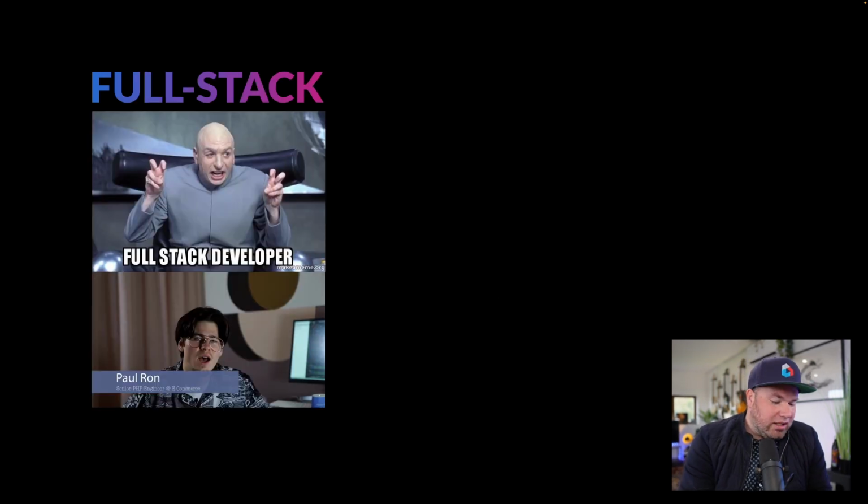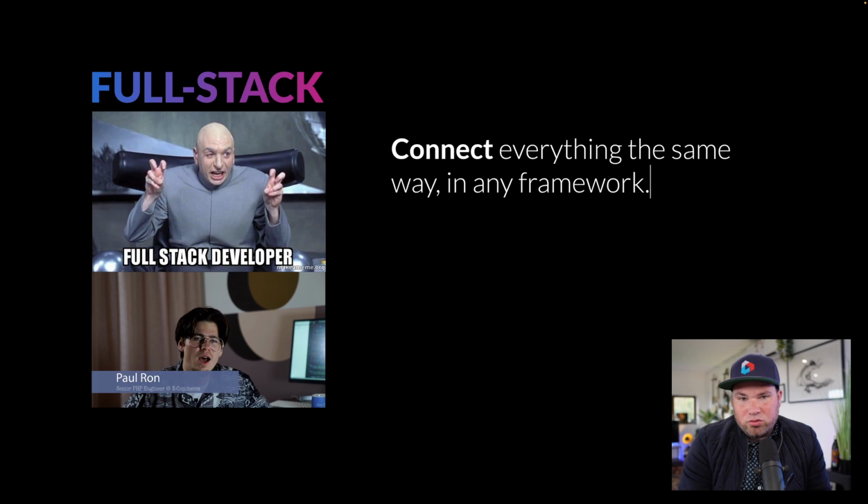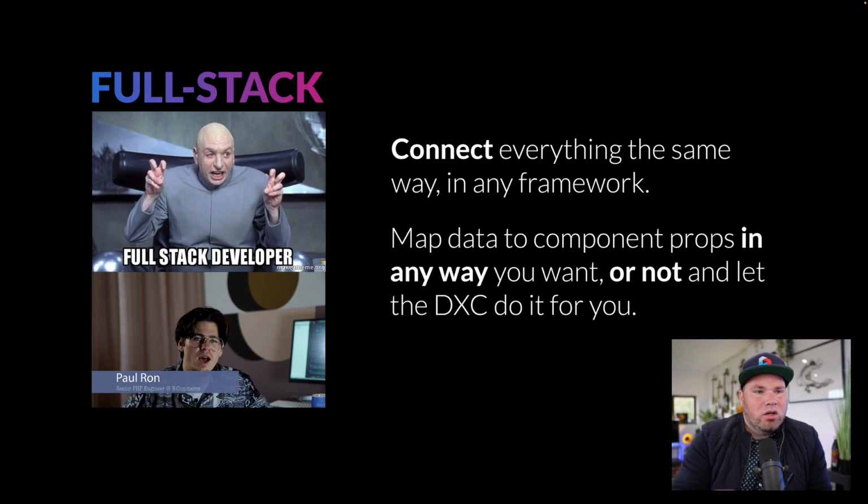And then when you're full stack, or whoever is full stack, you can connect anything to this the same way in any front end or in any framework. And so you can basically, if you wanted to, have the DXC map all these props for you directly. Or if you want a little bit of glue or you need to change something, because maybe you have to go deeper into whatever query it is in your CMS and follow some connections, you can actually do that in a really nice way because there's an SDK from this DXC to do that.